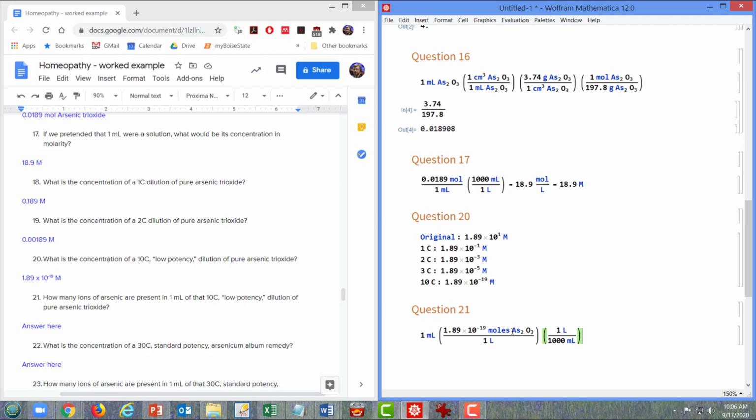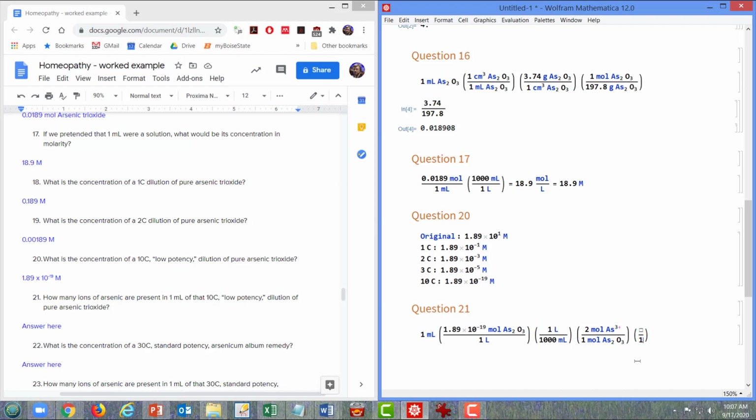We're not interested in arsenic trioxide formula units. We are interested in arsenic ions. So for every 1 mole of As2O3, we have 2 moles of As3+ ions, and we're interested in how many ions there are.